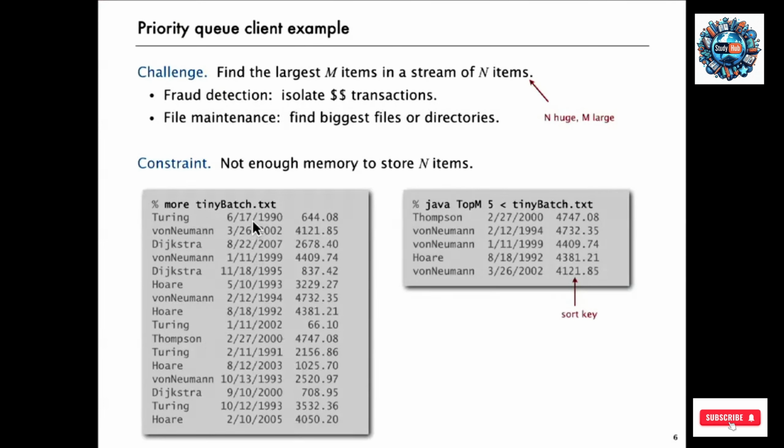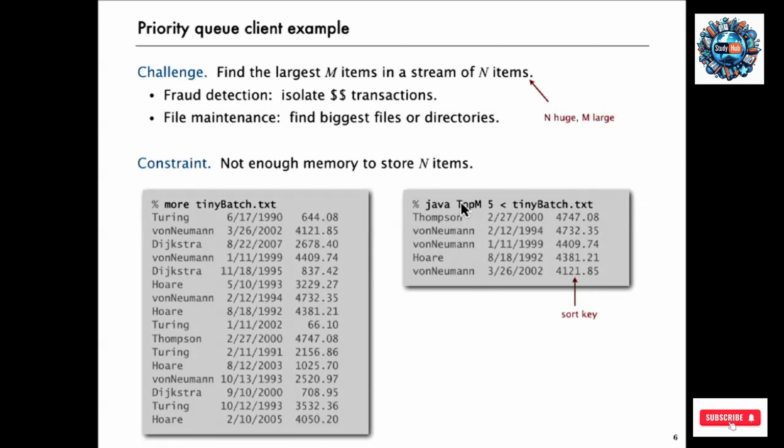So we want to be able to take in data like this, and again, an unbounded stream of data. But let's say we want to keep track of the top 5 values using the third column as the value.